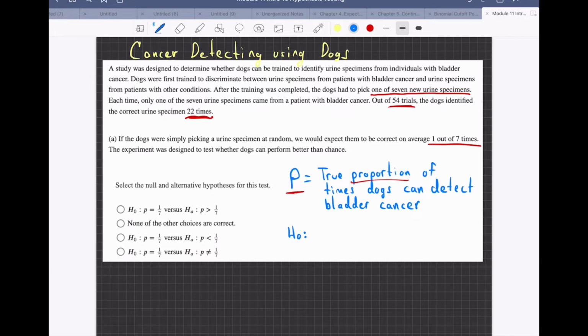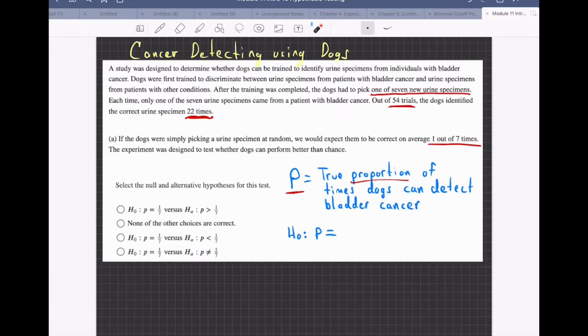So, P equal to what? What is supposed to be the hypothetical value? I mean, the true value for the P. Notice, according to this problem, it says we would expect them to be correct on average 1 out of 7 times. That is what is expected, right? The dogs would not actually be predicting, but they're going to be right 1 out of 7 times if they do it only by chance.